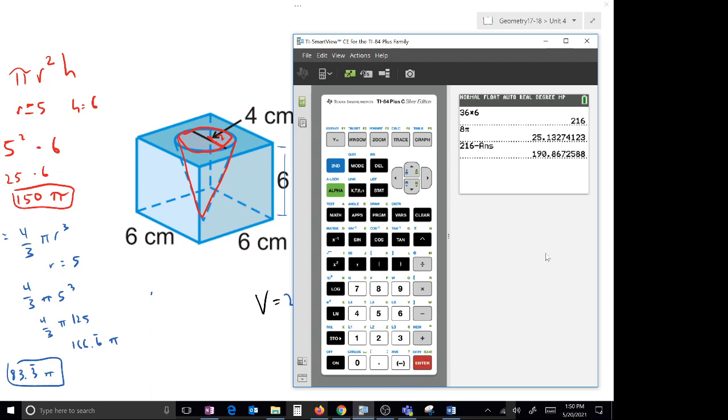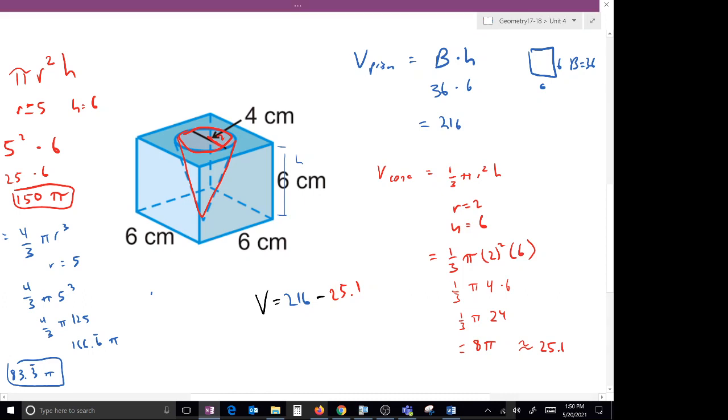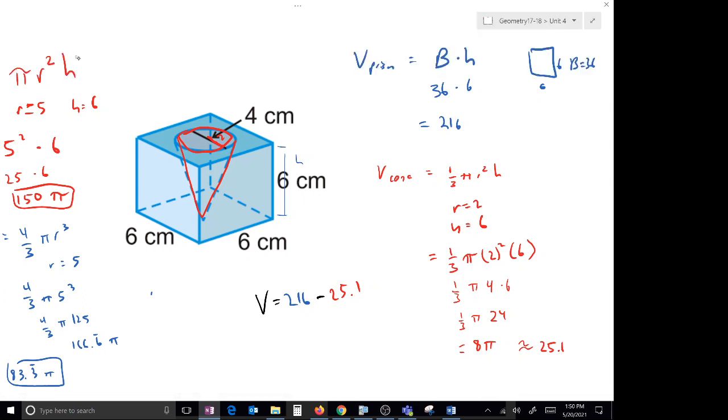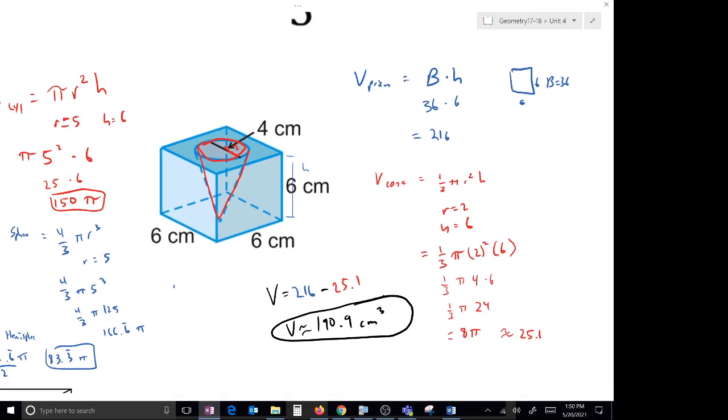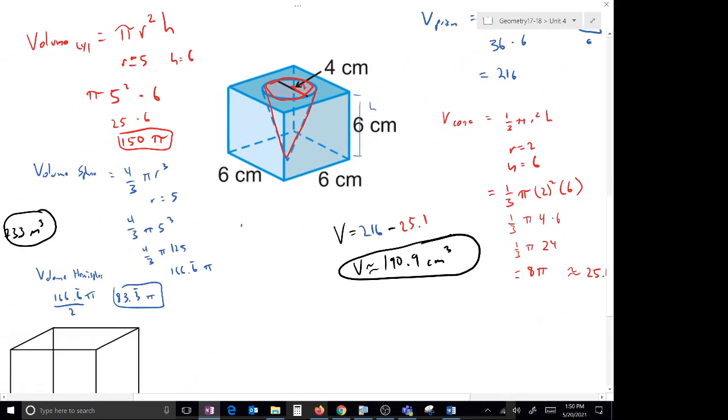We get 190.9, approximately. And those are cubic centimeters. And that's our compound volume. So just adding or subtracting two three-dimensional shapes.